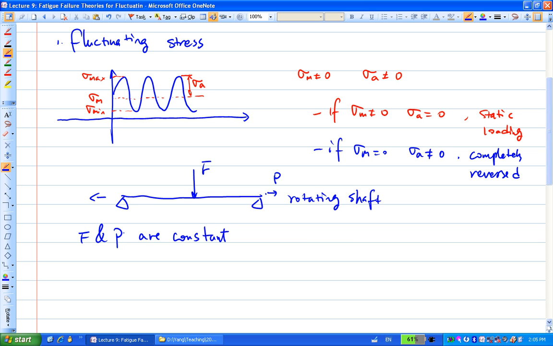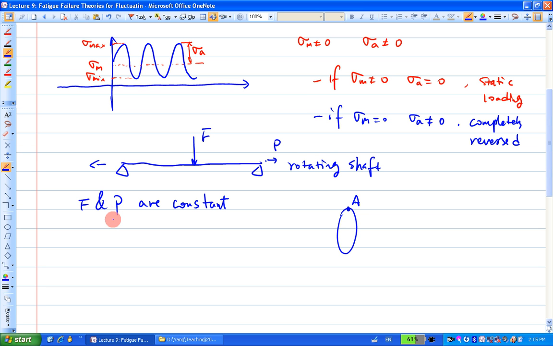Now if you cut a cross section anywhere along the shaft, you look at the cross section and at the stress fluctuation at a certain location A. What will the fluctuation curve look like given the current loading condition?